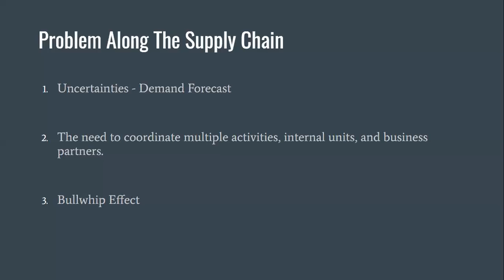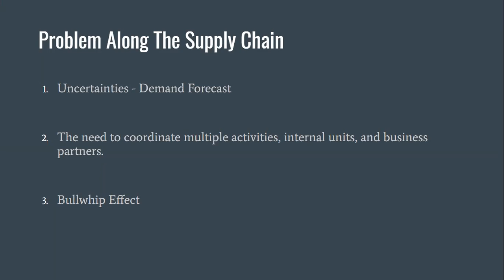So long distribution channels or long supply chains can create bullwhip effects, because every level in the supply chain tries to save inventory, and when they create inventory, they will make a safety inventory and add more stock, which is more than the market needs.